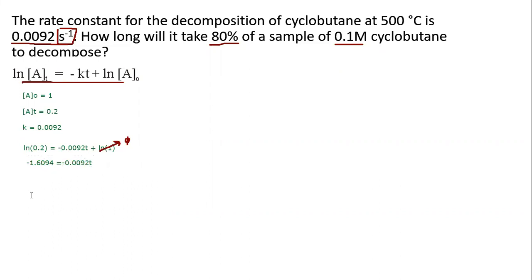Now we can solve for t and determine how long it will take for 80% of it to decompose. It'll be 175 seconds. So that's how long it would take for 80% of the sample to decompose. I'll do one more example, and then we'll take a brief pause.